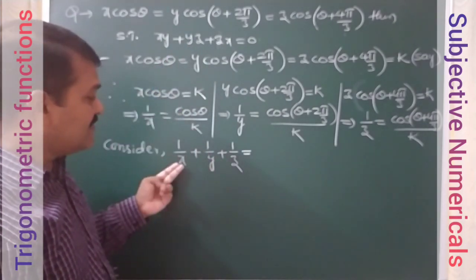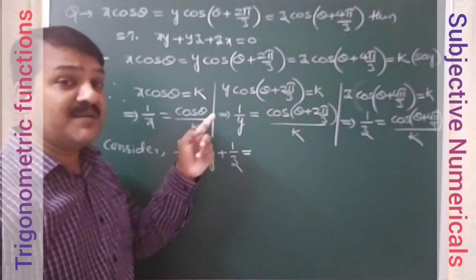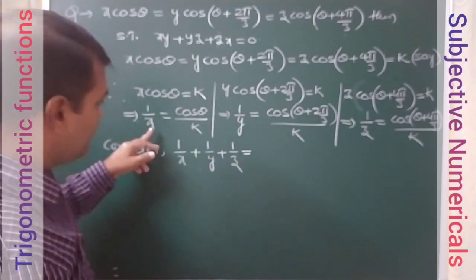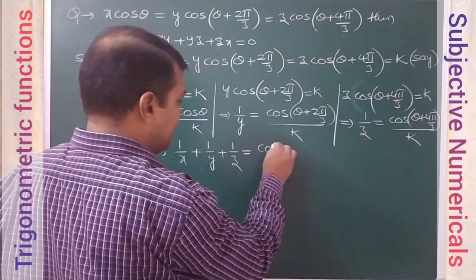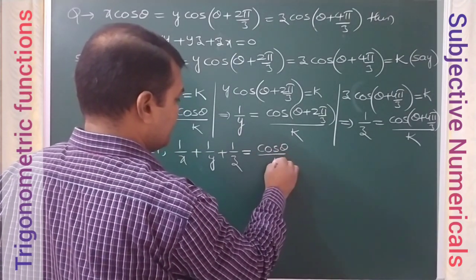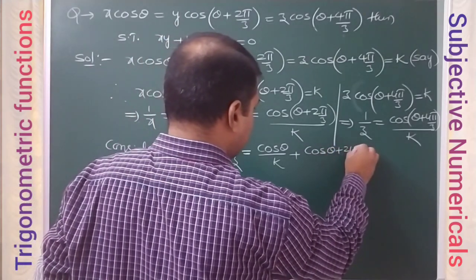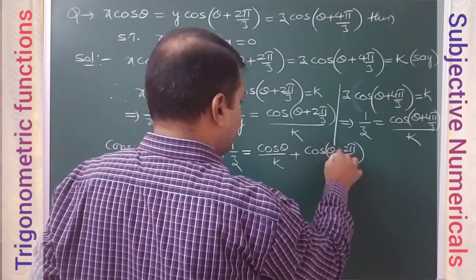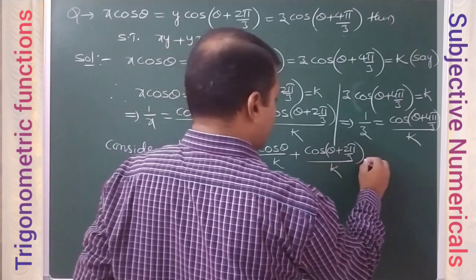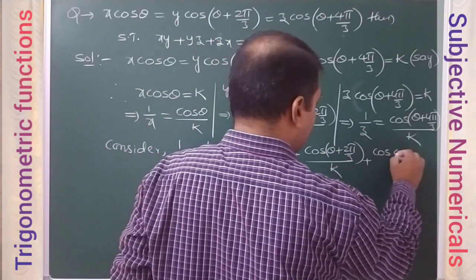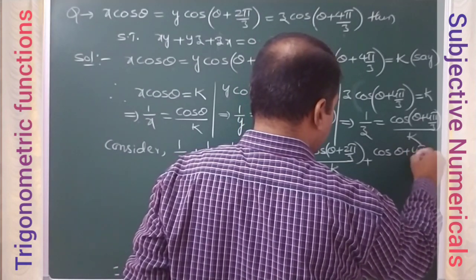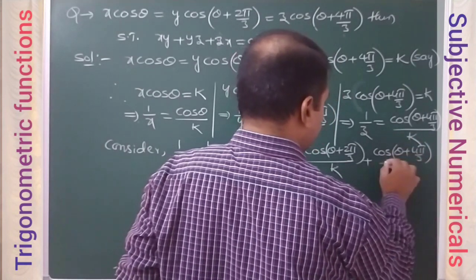That is the reason why I am taking 1 by x plus 1 by y plus 1 by z. 1 by x is cos theta by k, 1 by y is cos of theta plus 2 pi by 3 by k, and 1 by z is cos of theta plus 4 pi by 3 by k.